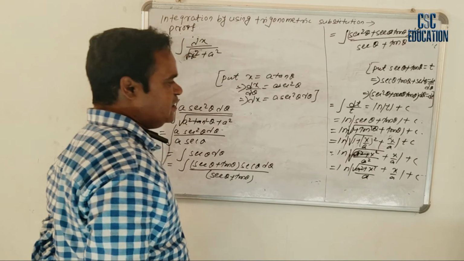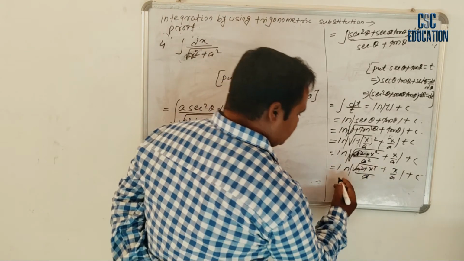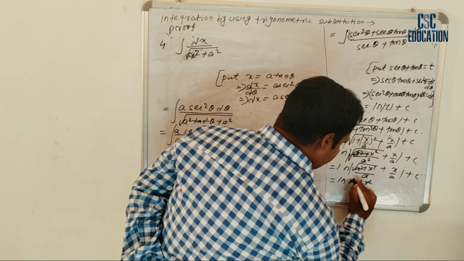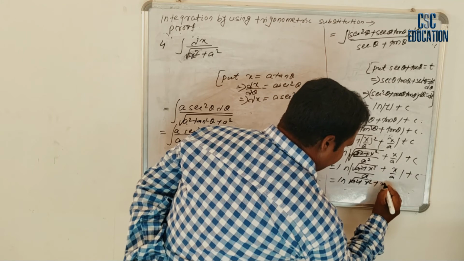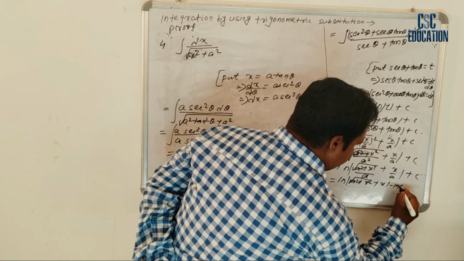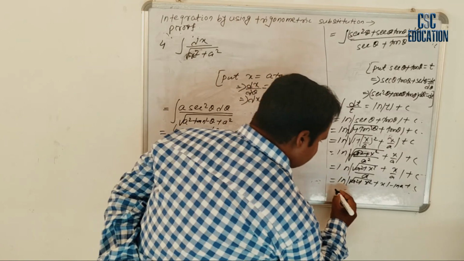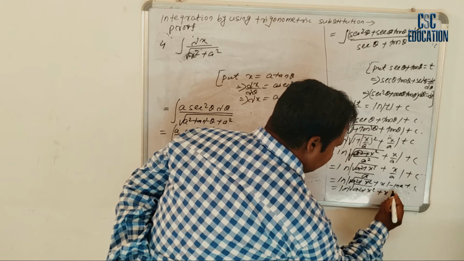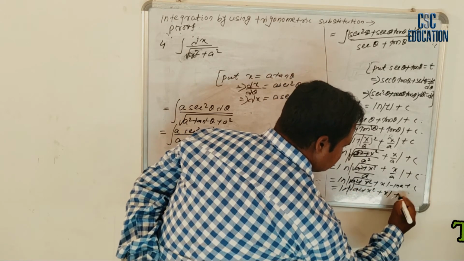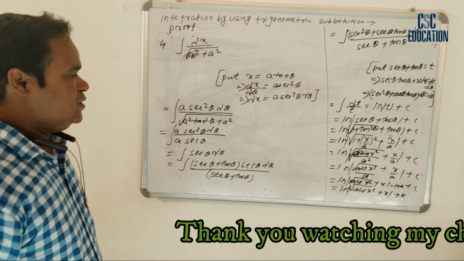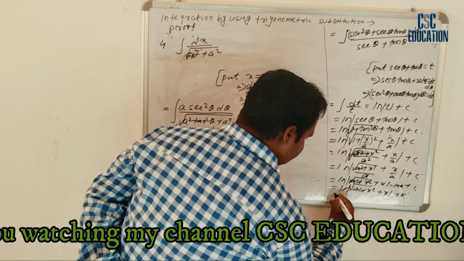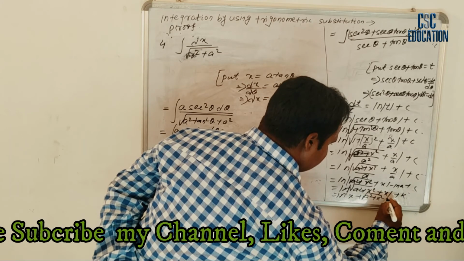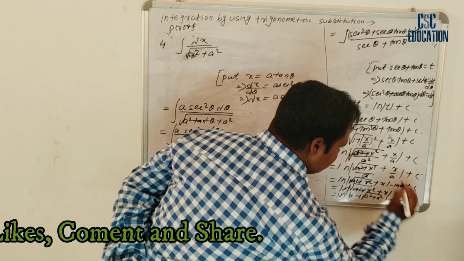Here a is a constant factor in the denominator of both terms, so we get ln of the square root of a square plus x square plus x, minus ln a, plus c. Ln a is a constant, so we get ln of the square root of a square plus x square plus x, plus some integration constant k. So the formula is ln of x plus the square root of a square plus x square, plus k.